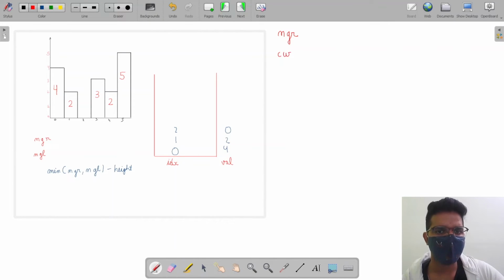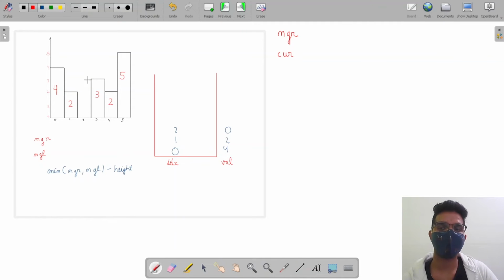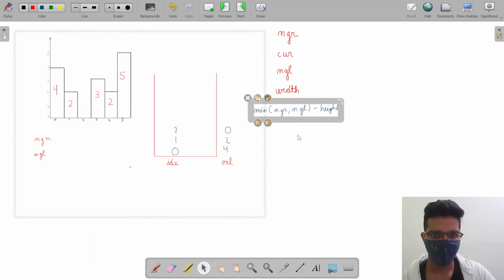What is current? Current is the element, for example, 0. For 0, next greater right is 3 and next greater left is 2. And next greater left is required. And what else? Width is required. Perfect. And now the formula, let me bring it here.